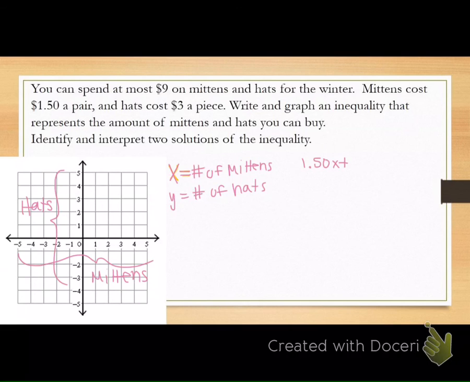Plus 3y. And we can't spend more than the $9 we have. So if we solve for y here, we would subtract 1.50x and divide by 3.